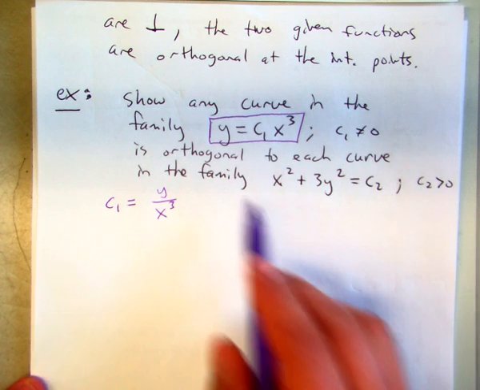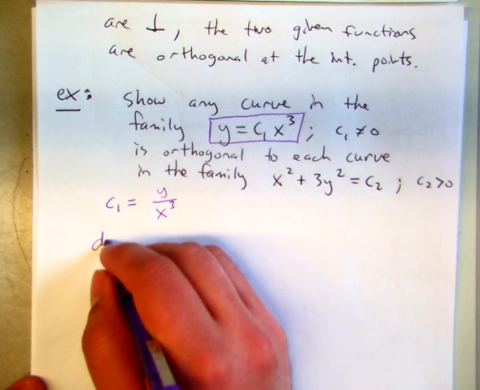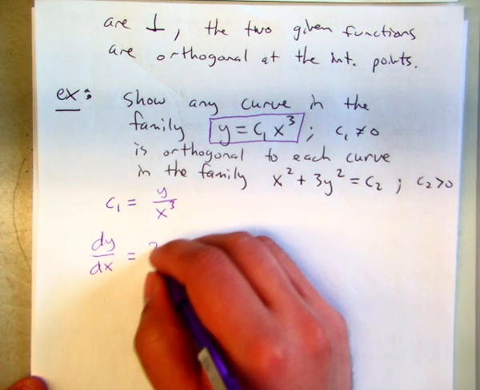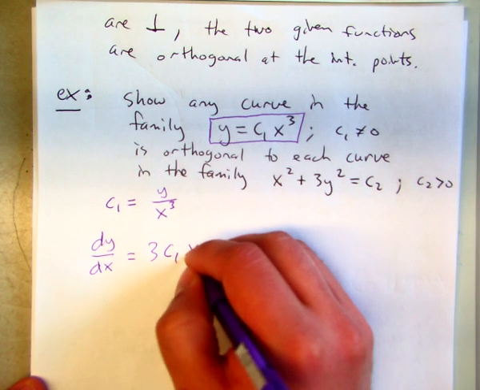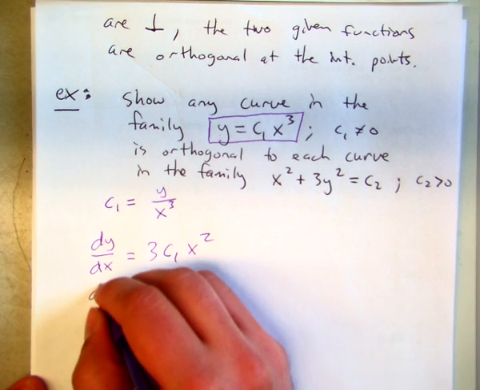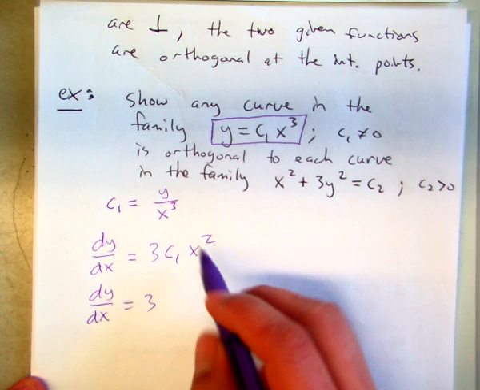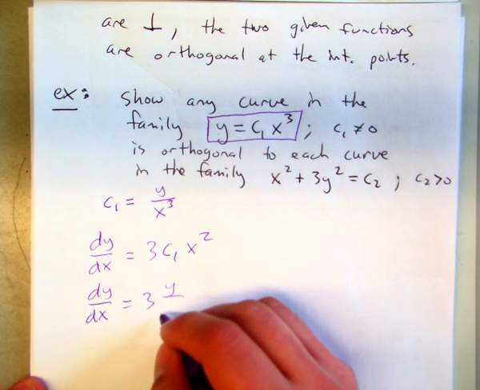And now we'll go ahead and differentiate the equation to get dy dx equals 3 times c1 x squared. And we'll substitute in our value for c1, so instead of c1, we have y over x cubed.